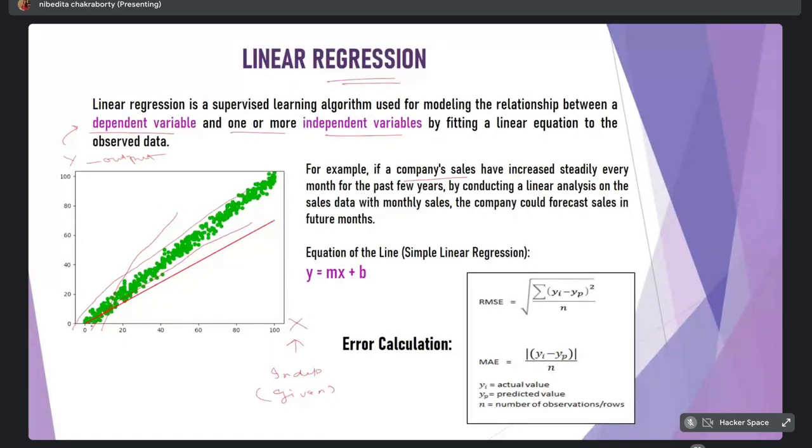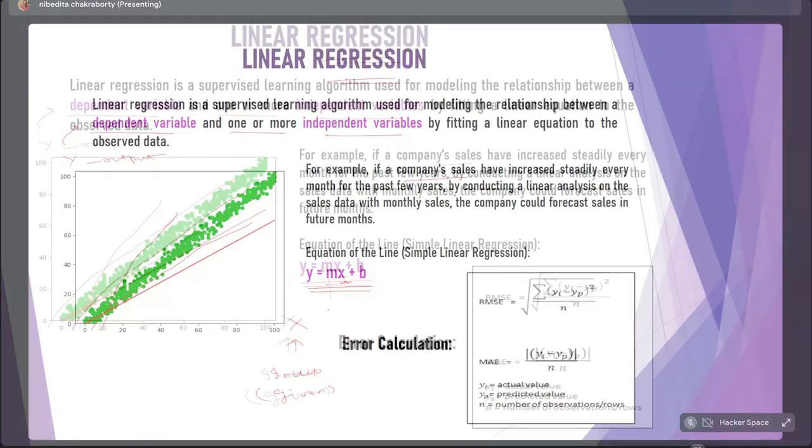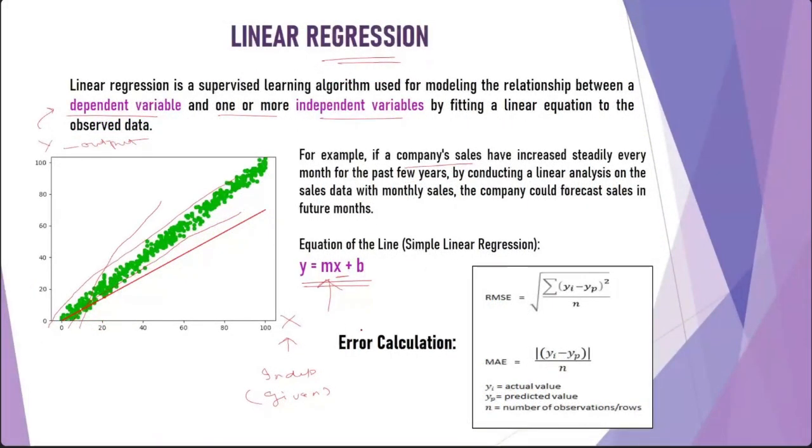There can be infinite lines. These lines are represented by the line equation y equals mx plus b for one independent variable. What does m signify in the line equation? Tan theta, the slope. And what does b signify?